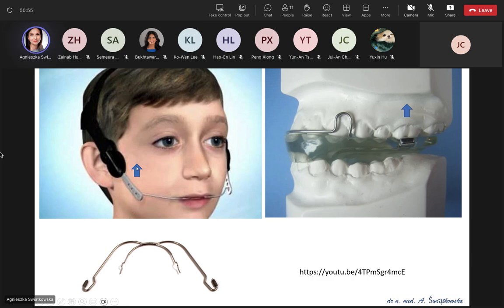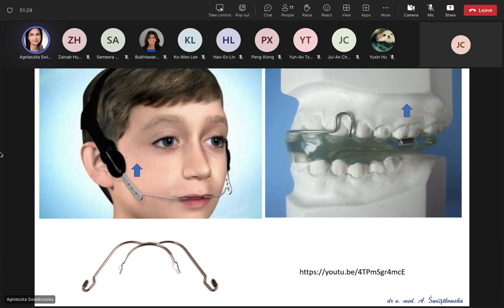And then the force direction is down, so we make extrusion of upper teeth, like first molars, from the bone. So we pull it out. When we treat deep bite, we use low pull headgear. We want to achieve extrusion of molars.